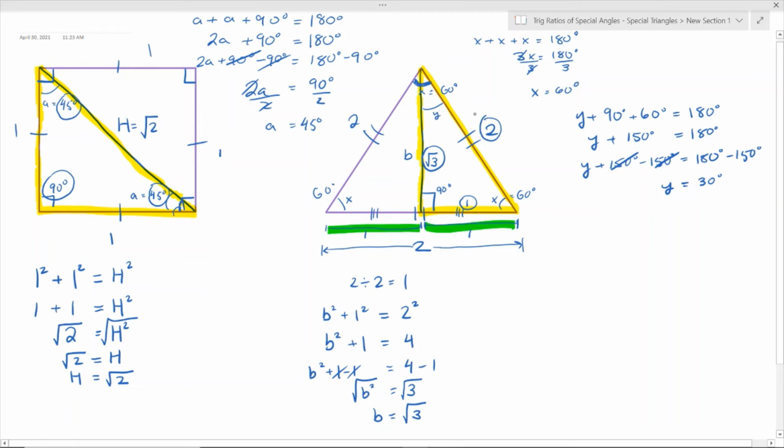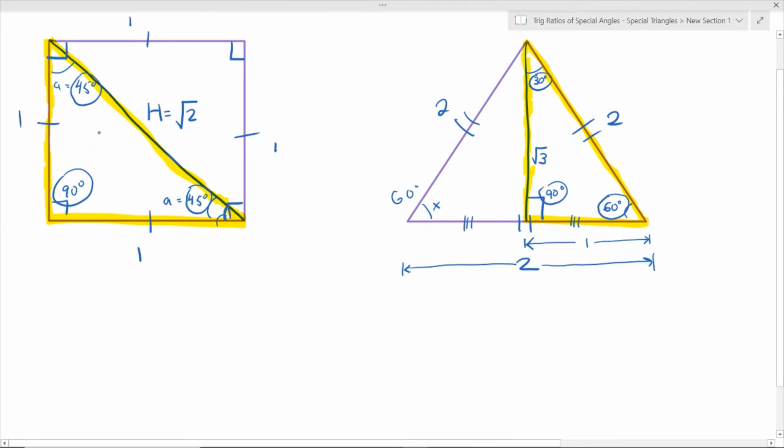So y is equal to 30 degrees. So this angle right here is thus 30 degrees. 30 degrees right here. So I'm just going to circle these angles right here. So 30 degrees. This is 90 degrees. This is 60 degrees right here. And so thus we have solved our triangle.